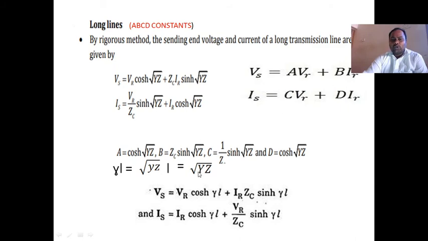Capital Y means total admittance, capital Z means total impedance. If you multiply by the total length, we get total admittance and total impedance.